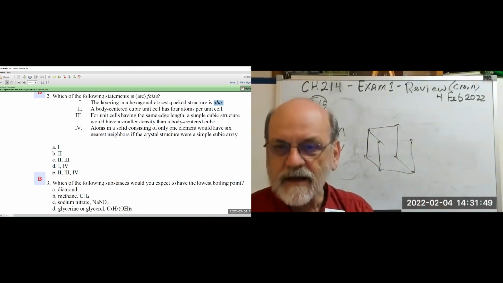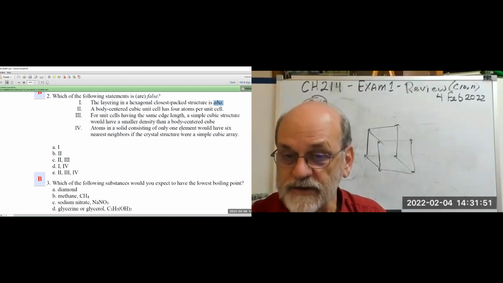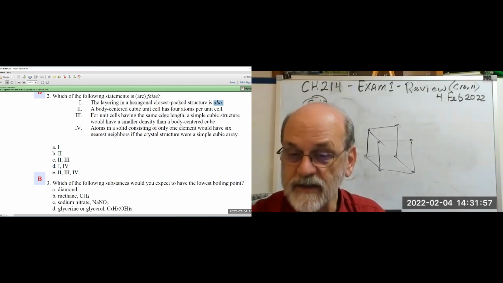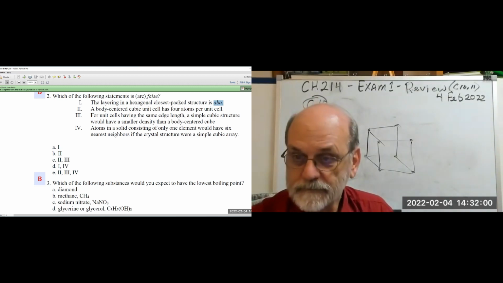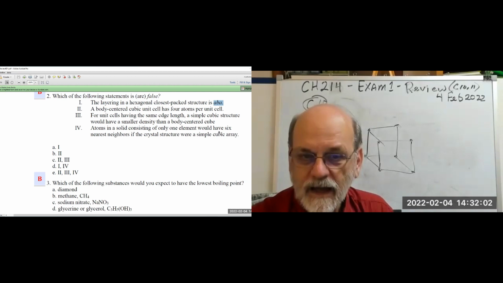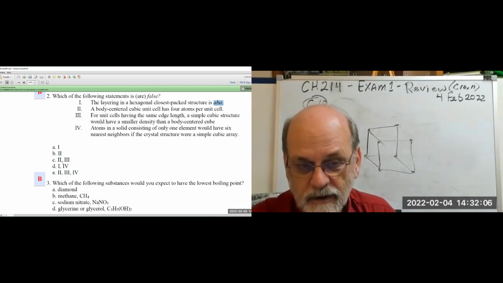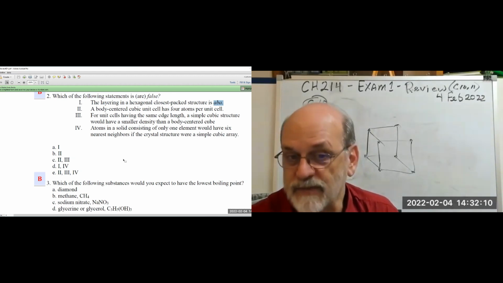So the density of the body-centered cube is greater than the simple cube. The simple cube has a smaller density than the body-centered. That's true. How about 4? Well, let's see. 3 is true. So it can't be C. Well, it can't be E, right? So it has to be B.